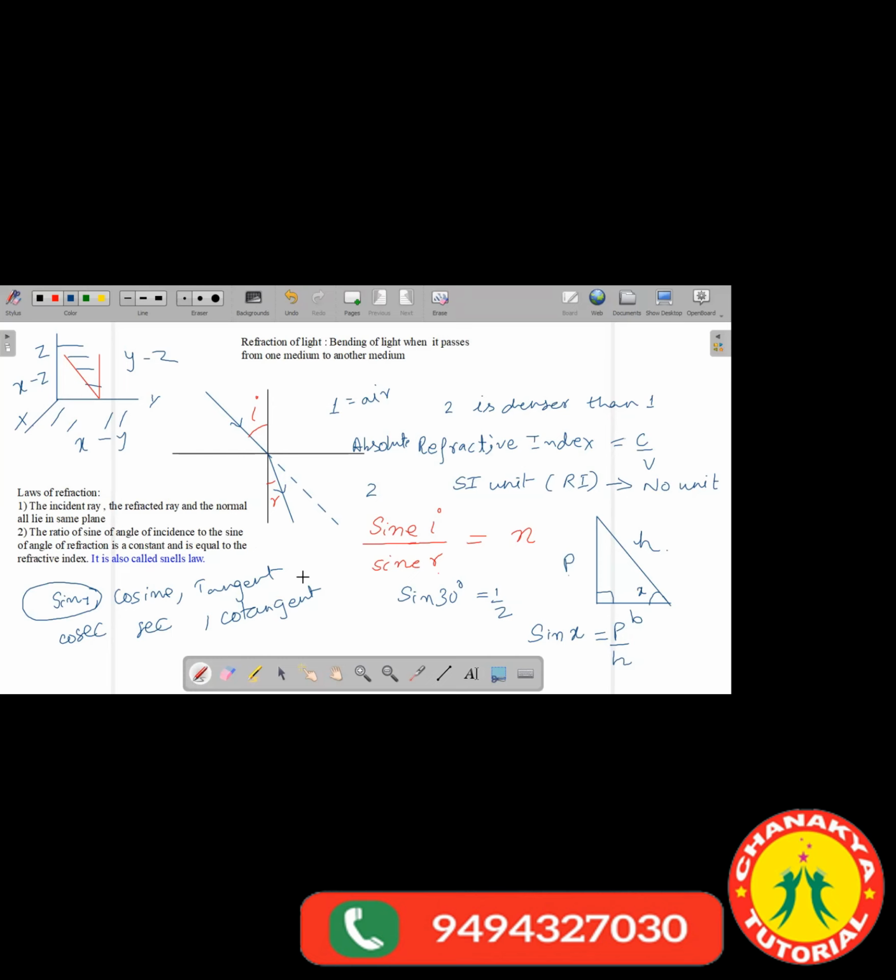However, up to now, questions have just been asked by the definition that states Snell's law. According to Snell's law, the ratio of the sine of the angle of incidence to the sine of the angle of refraction is a constant, equal to the refractive index. Any other doubt to anyone?